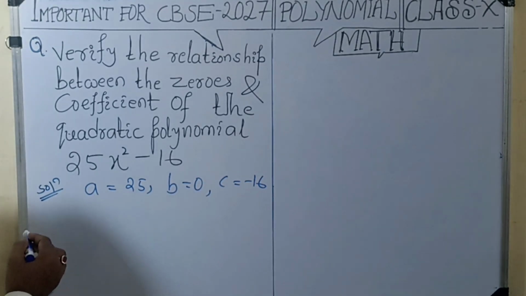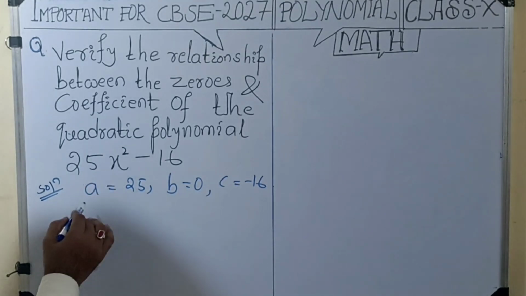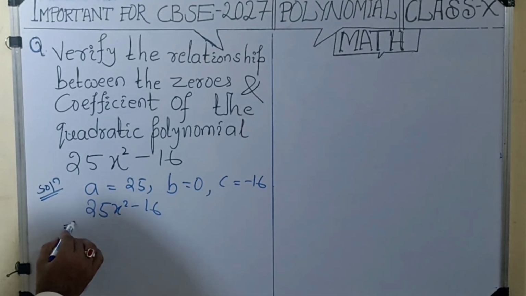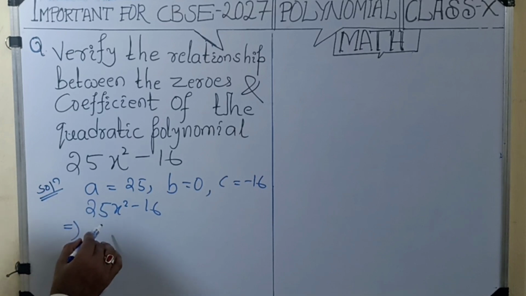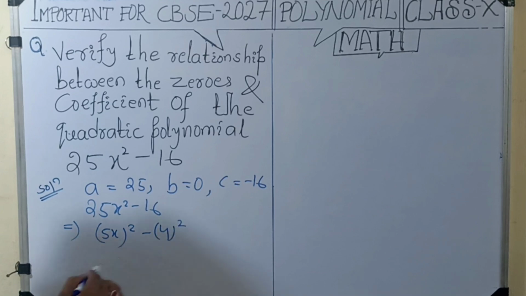So here you just find out the zeros. First you have to factorize this 25x square minus 16. We can write 25x square as 5x whole square, minus 16, which we can write as 4 square.